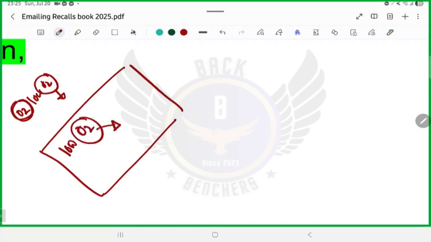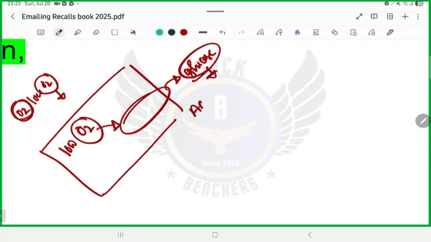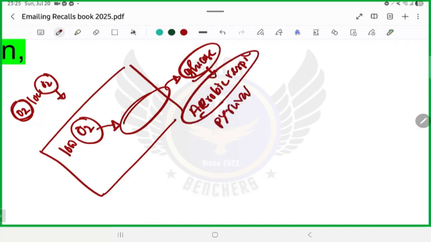In presence of oxygen, mitochondria take glucose and aerobic respiration happens.